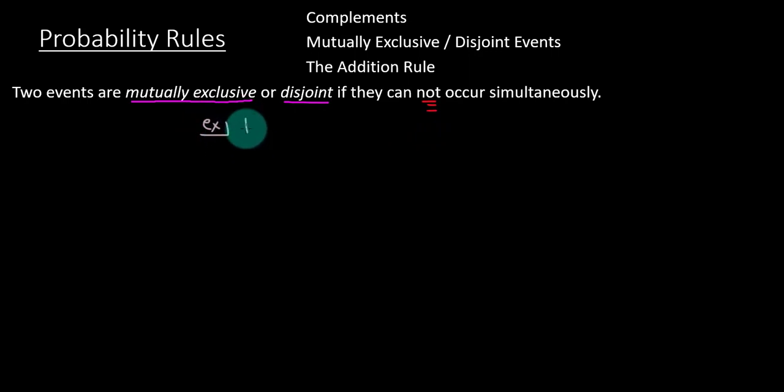You've got heads and you've got tails. They cannot occur together. You can't flip a coin and have it be heads and tails at the same time. So in a single coin flip, heads and tails would be considered disjoint events. Cool.